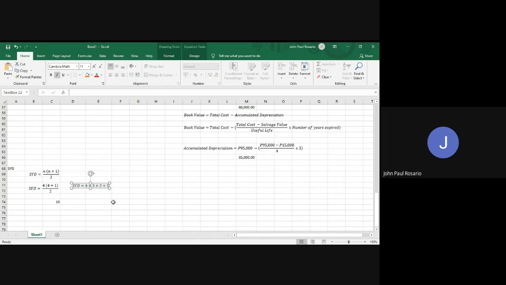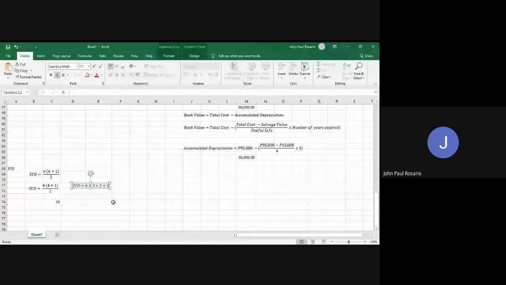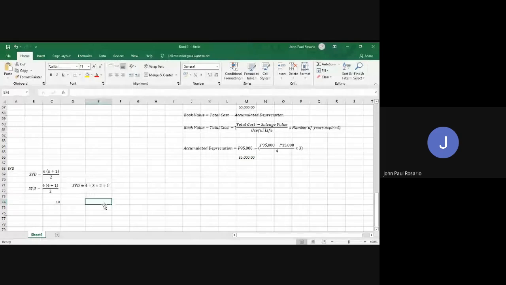You'll still arrive at 10 times 11, that's 110, divided by 2, that's 55. But on this one, if you do it manually, you'll still get 10. That's why we have this formula, because this will still give you the same answer with ease.